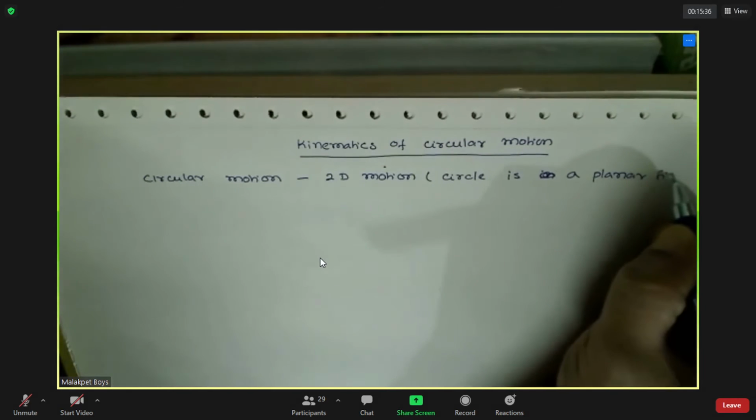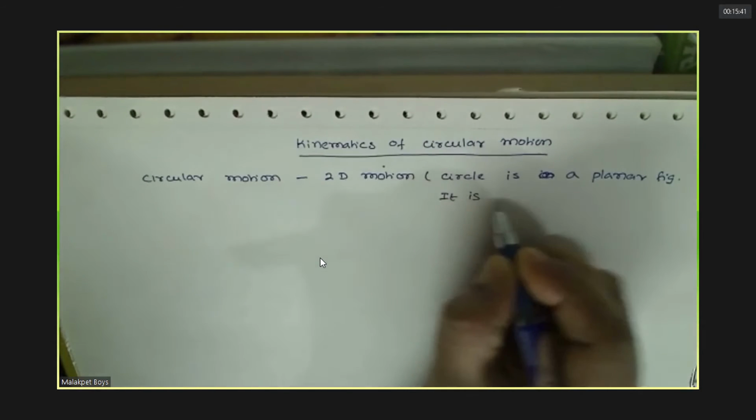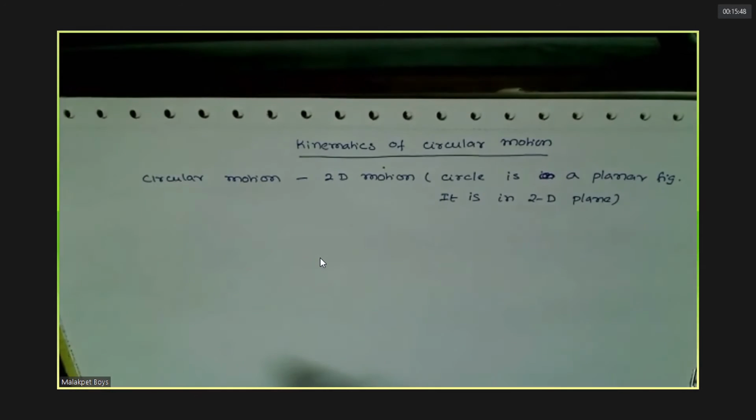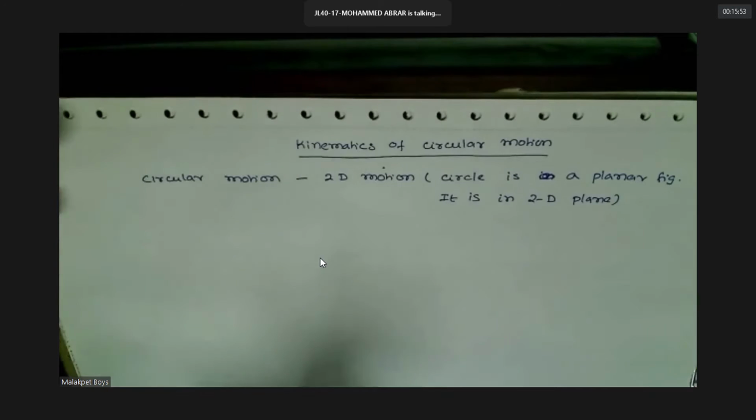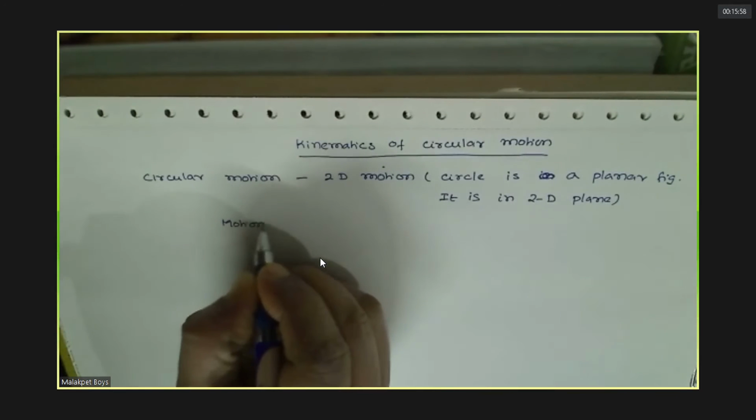You can see, because circle is what? Any doubt till here? Clear? Yes, sir. You can see the motion of satellites.